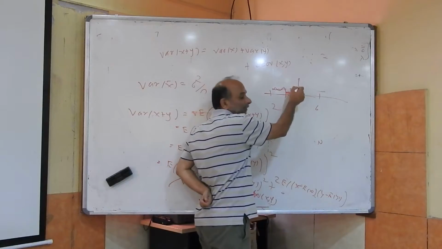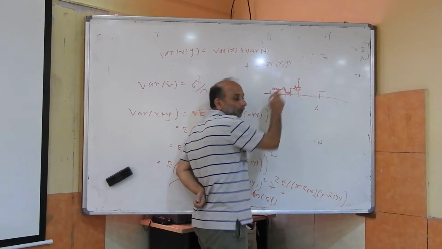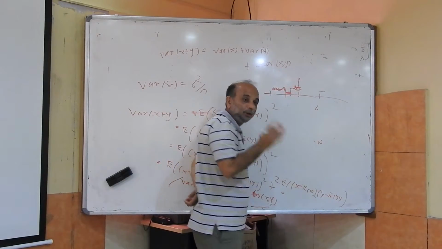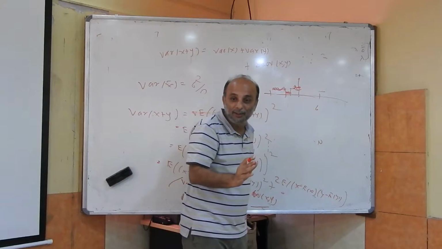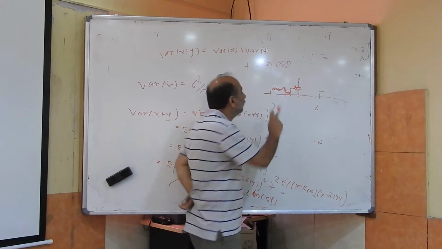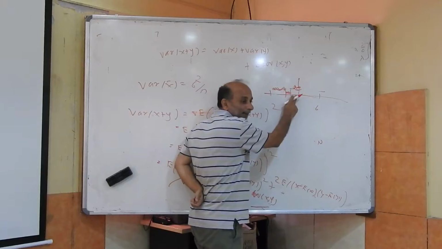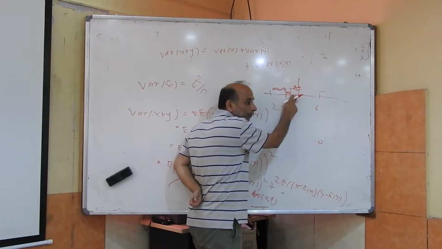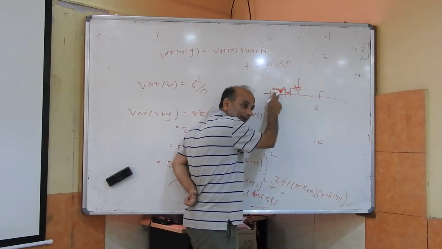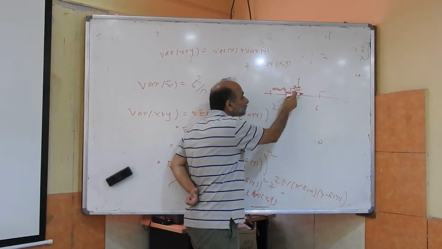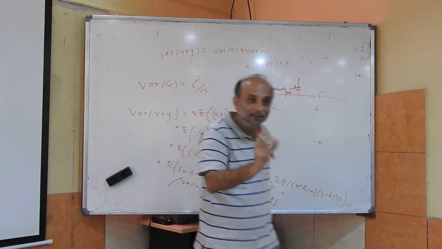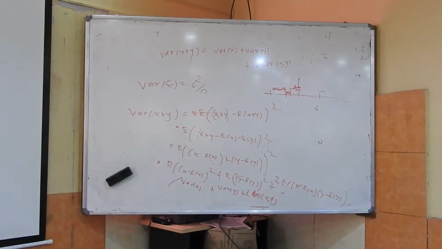Then I bang on this one, this moves, but this moves here as well. So the total movement in the surfaces together will be the movement in this, plus the movement that has happened here, plus the movement in this, plus the movement that has happened here. The movement that happens because of this is the covariance. So it will be variance of x plus variance of y plus two covariance of x and y.